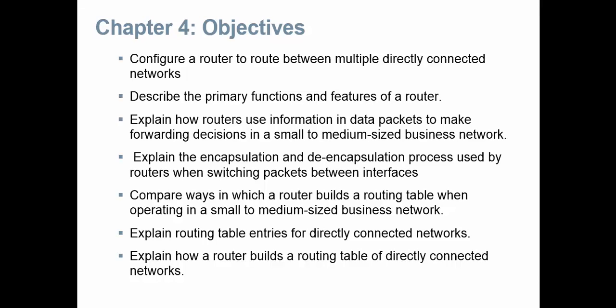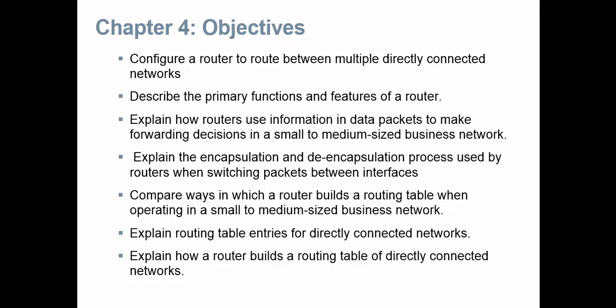Explain the encapsulation and de-encapsulation process used by routers when switching packets between interfaces. We're going to compare ways in which a router builds a routing table when operating in a small to medium-sized business network.